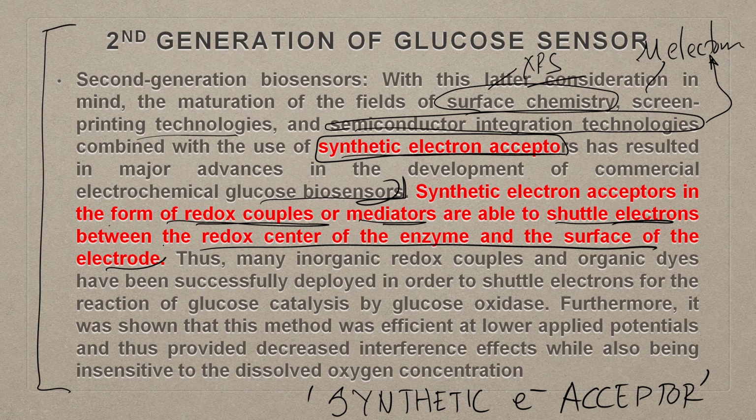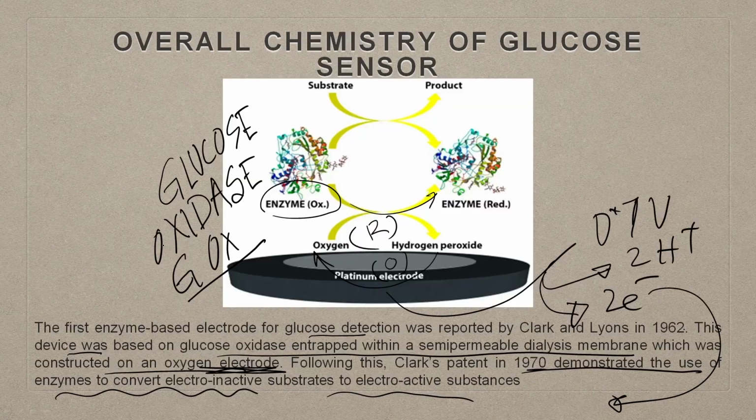So, here I will spend some time to make you understand the challenge. Let us go back to the reaction and see exactly what is happening. I'll pick up this picture. Now, think of this situation. Here you have the glucose oxidase enzyme.